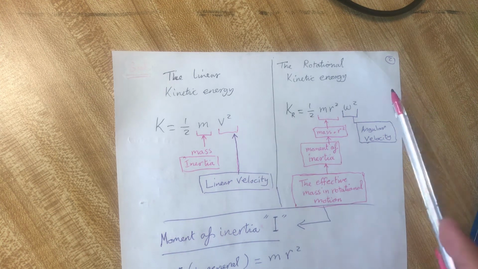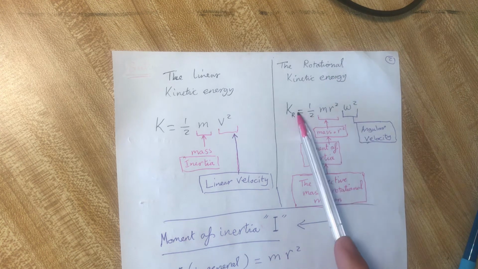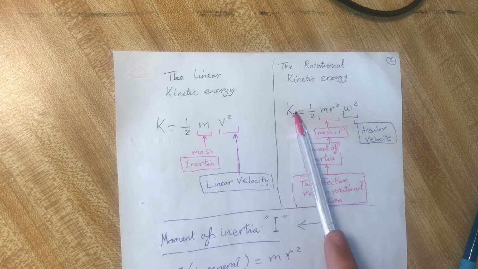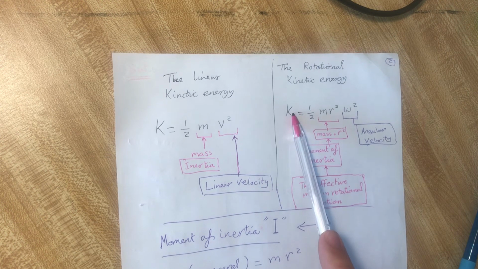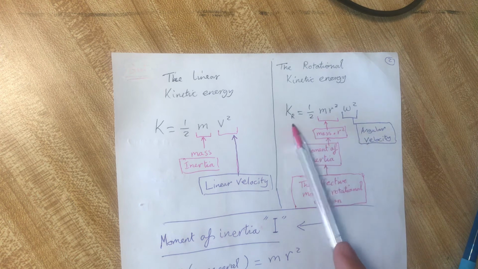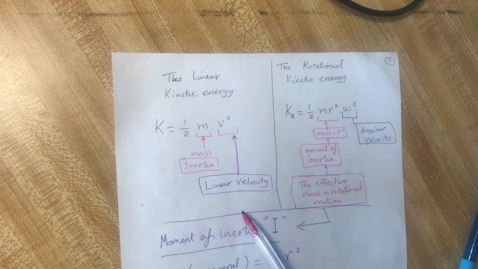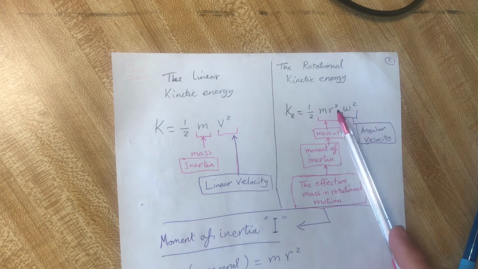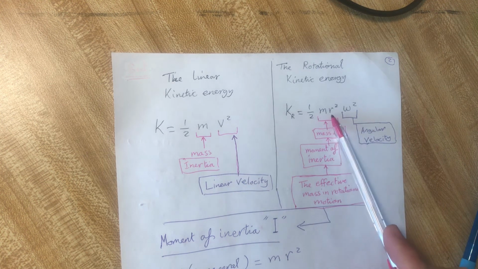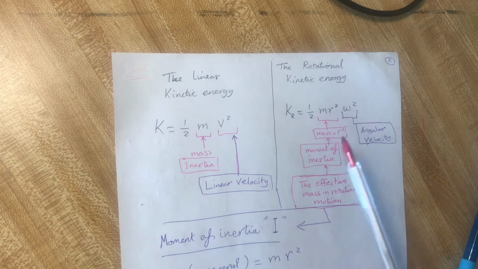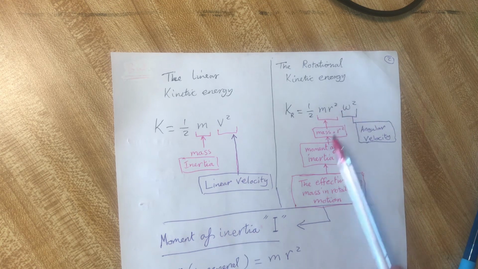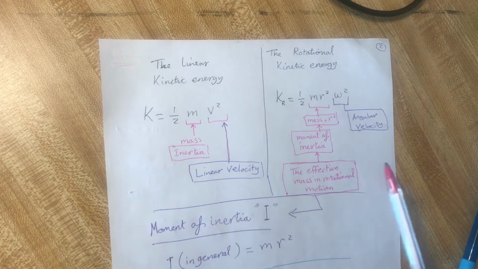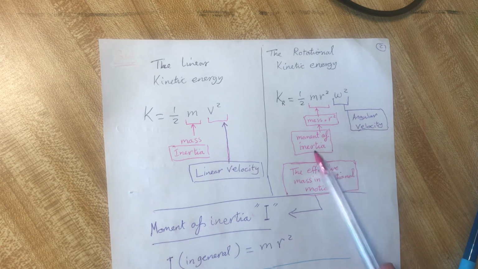Now look at the rotational kinetic energy. We can write K, with R to be known, as the rotational kinetic energy, which is equal to half, the same half, multiplied by m r squared multiplied by omega squared. Look at m r squared, it is mass multiplied by r squared. This, in physics, has a name, which is moment of inertia.